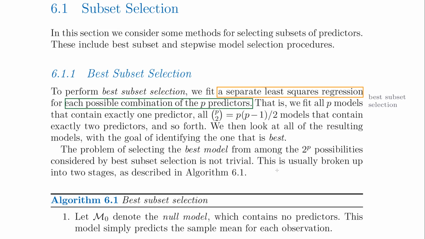That is, we fit all P models that contain exactly one predictor, all P choose 2 models that contain exactly two predictors. This is Pascal's triangle, isn't it? So Pascal's triangle, I probably don't have a Word file open. I actually do.